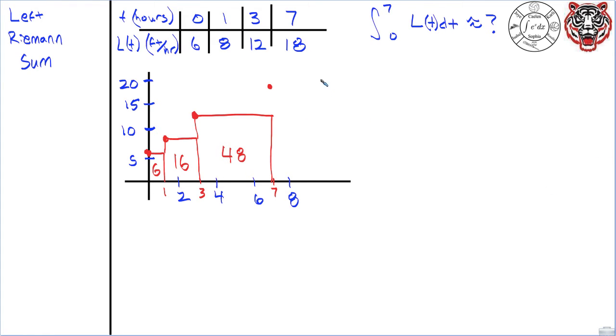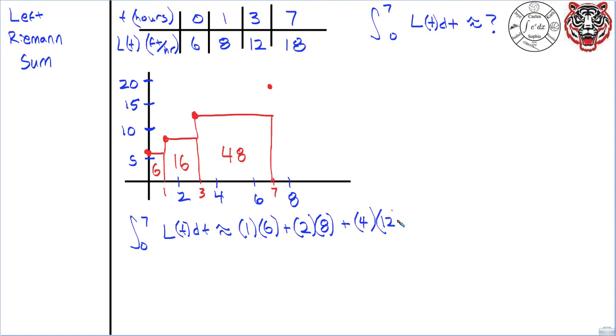So in our notes, this is what we want to write. We want to say that the integral between 0 and 7 of capital L of t dt is approximately equal to, and let's write out the numbers. It's the base times the height, 1 times 6, plus the base, which was 2, times the height, which was 8, plus the base, which was 4, times the height, which was 12, and we're still approximating, so I'll keep using squiggly equals signs.